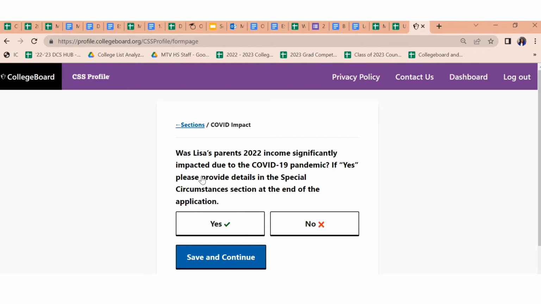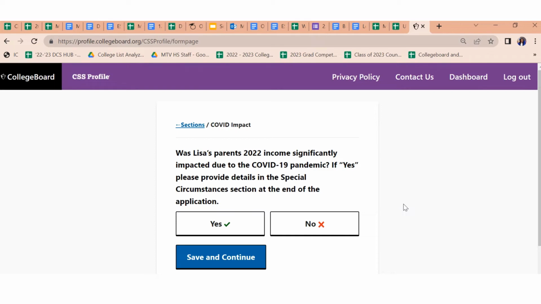This next question is asking if this student's parent was impacted significantly by the COVID-19 pandemic, and that's this current income. If the answer to that is yes, you can select yes, and then we will provide details in the special circumstances section.